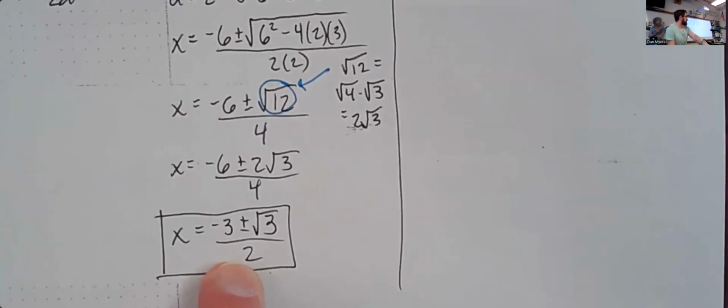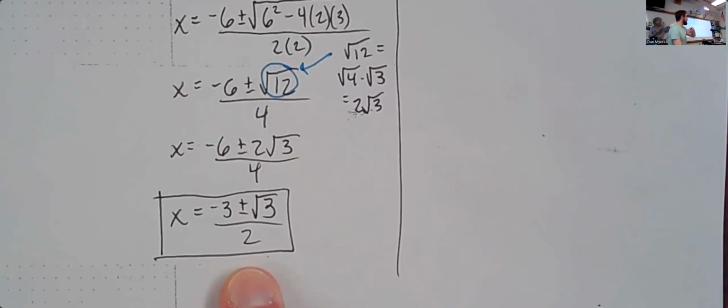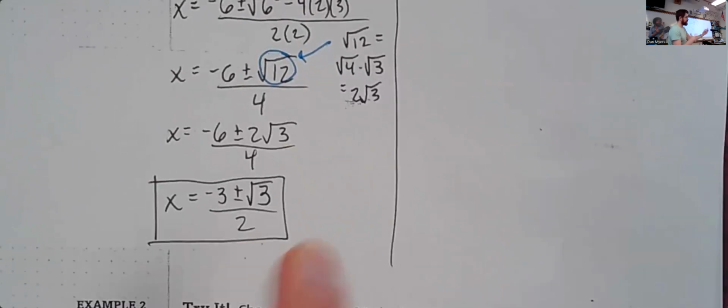We don't need a decimal value at all. If you want to calculate the decimal value of this to verify that it was the same as the one that we got before, feel free to do that. That's a good way to double check your answer, but it's not something you have to. As long as you get to here, you're good. Basically, it's like reducing a fraction and writing it in the simplest form as a fraction. That's what we're doing. All right, let's try B.